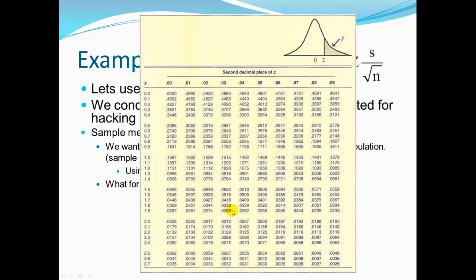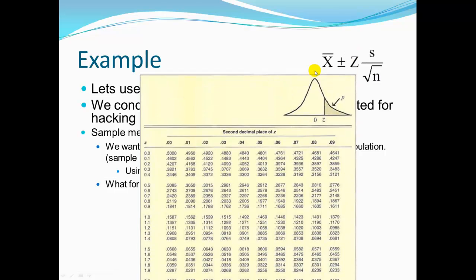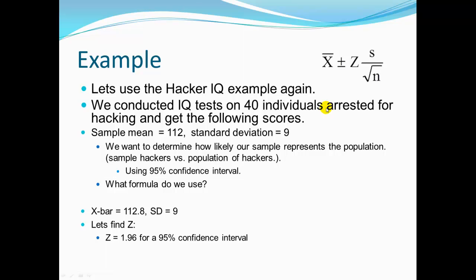So what we would end up getting here with a 0.025 is 1.96 once again. So z equals 1.96 for the 95% confidence interval.